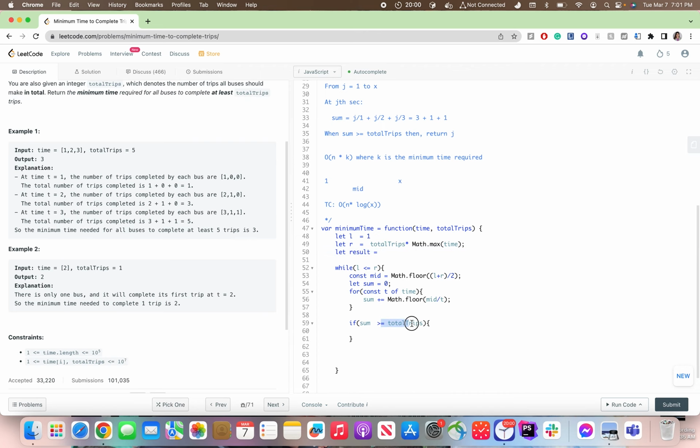Even if it is equal to total trips, we might find a time that is less, right? So the result would be equal to mid, and we would still go left, so right would be equal to mid minus 1.